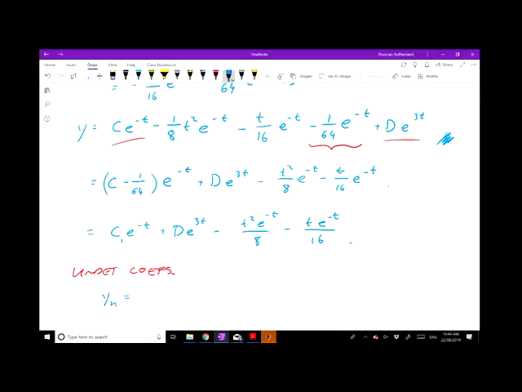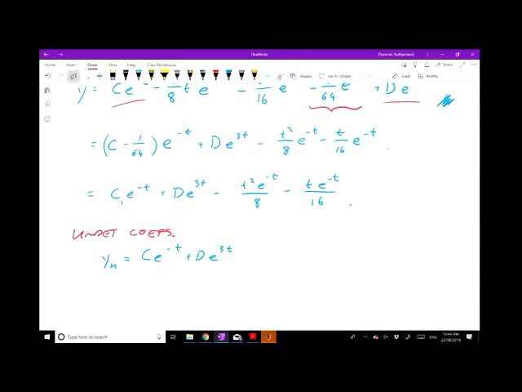So, undetermined coefficients, we know our homogeneous solution. We would guess for y particular c2t squared plus c1t plus c0. That's one too many t's.